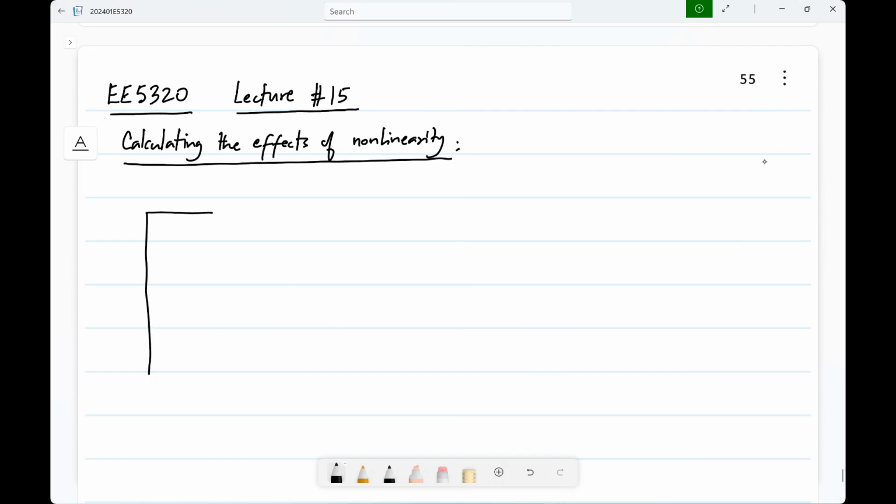So the way to do it is, if you have a nonlinear element in a circuit, I'll just show one or maybe two of them. Some two different nonlinear elements. They don't have to be two terminal elements, but this of course works with any number of elements.